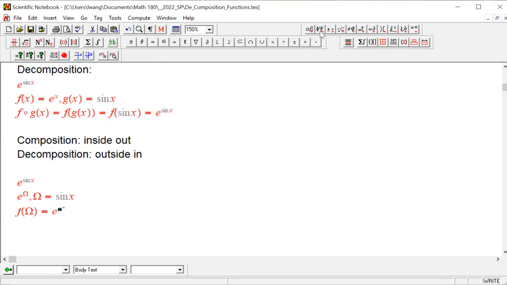It makes no difference, because the omega is just a placeholder. The next layer, omega, is going to be equal to sine x. And you can totally make this a new function. So in general, we write it in this form. So it's decomposed.